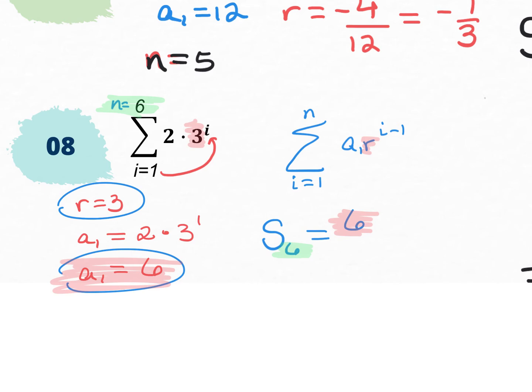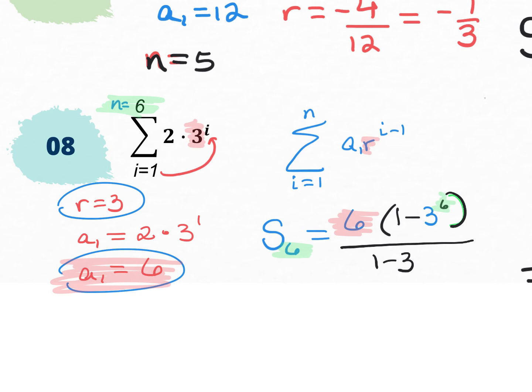So then I'm going to multiply 1 minus the common ratio raised to the n power, which is this 6, divided by 1 minus 3.